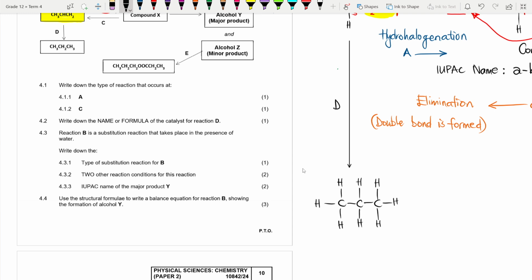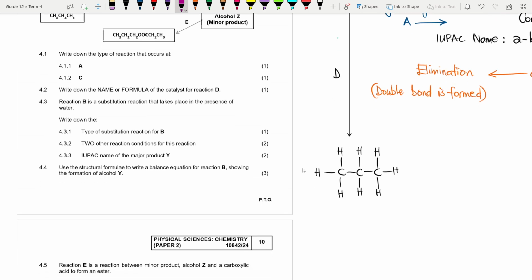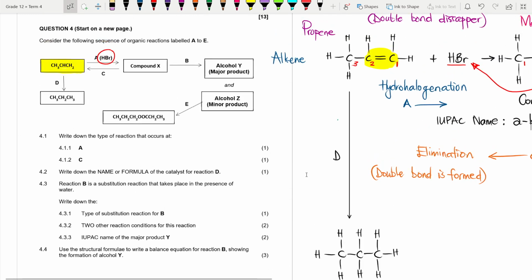So there we go, simple enough. What is the name of this one? Propane. Propane, yeah, simple. This one is just propane. So from where we started with propene, we end up with propane.